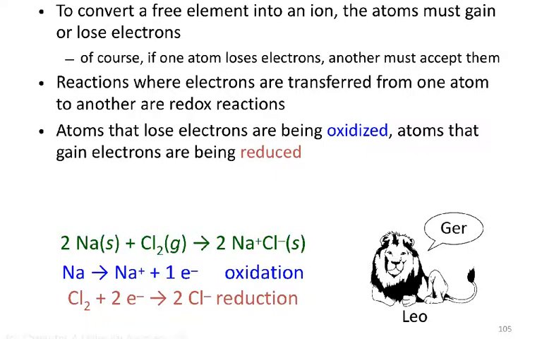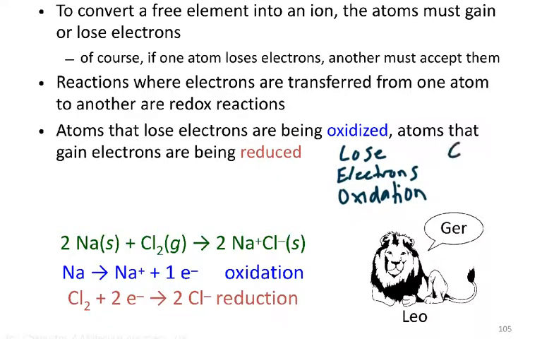My personal favorite is that Leo the lion says grr. So lose electrons, oxidation. I tend to look at a reaction and go, oh, this lost an electron. Oh, that's oxidation. That's why I like this acronym.